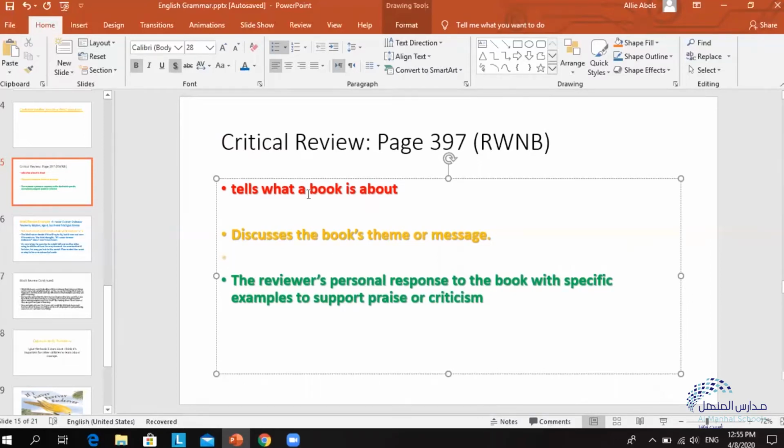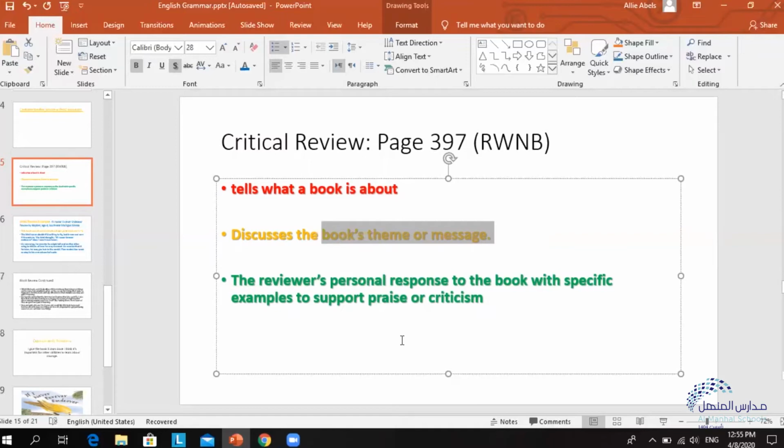In your critical review, you need to tell the readers what the book is about that you are critiquing, that you are giving a second opinion for. Secondly, you need to include what the book's theme or important message was.